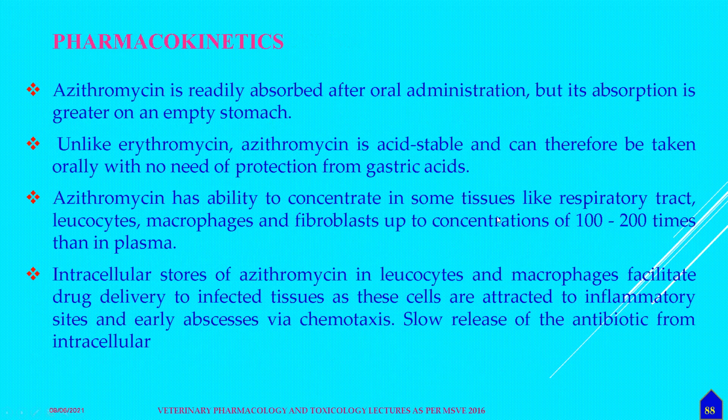It has the ability to concentrate in certain tissues like the respiratory tract, leukocytes, macrophages, and fibroblasts, at 100 to 200 times that of the plasma. There are intracellular stores of azithromycin in leukocytes and macrophages, which is also important, because drug delivery will be directly to the infected tissue. That is the important thing to remember for erythromycin and also azithromycin.